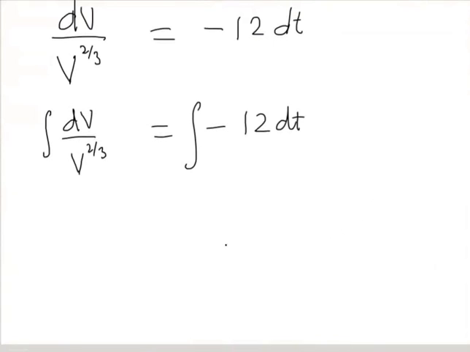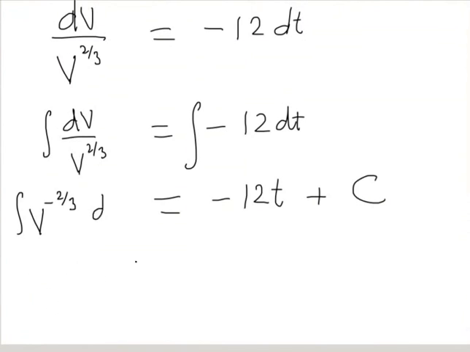How do we integrate? The right side is easy, minus 12t. Don't forget to add C. And on this side, we need to use the power rule by writing V to the negative 2/3 dV. So the integral will be V to the negative 2/3 plus 1, divided by the new exponent, negative 2/3 plus 1.